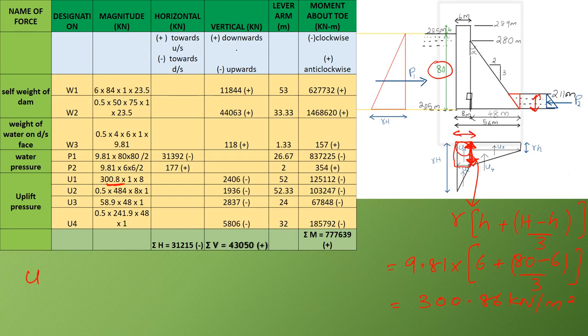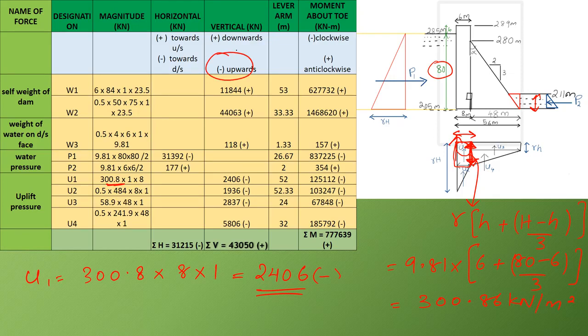So U1 is equal to 300.8 multiplied by 8, the height of the rectangle multiplied by the width of the rectangle, multiplied by unit length, that is 1. That is equal to 2406, and here the force is an upward force, so according to the sign convention we are taking it as negative.